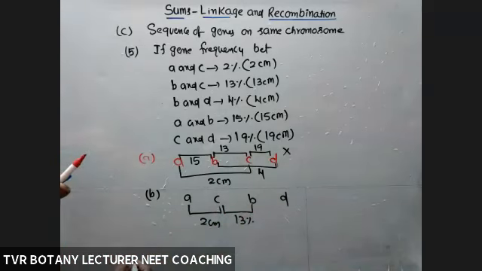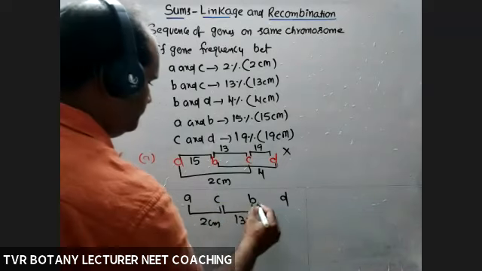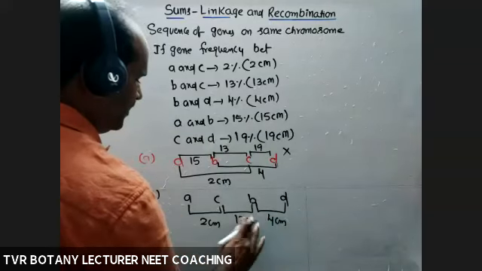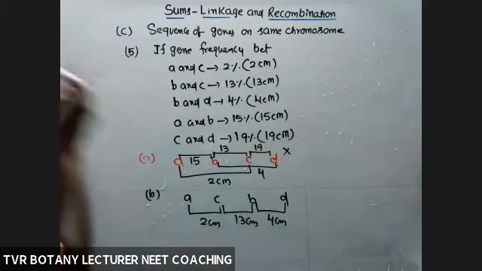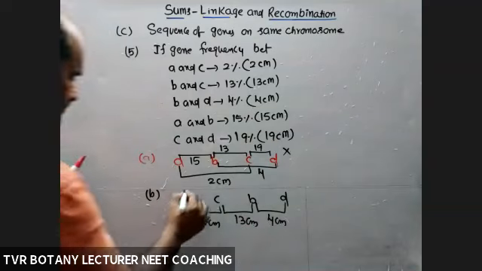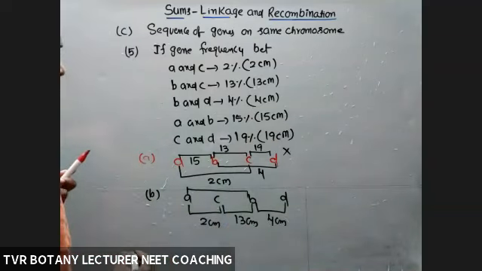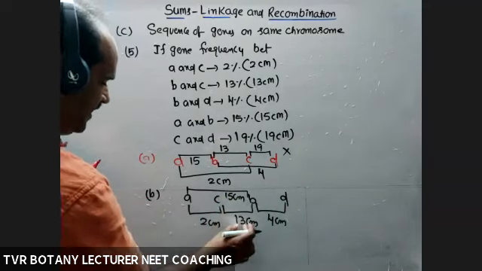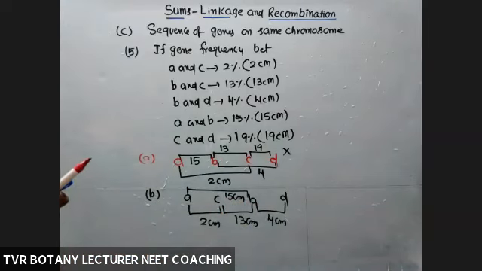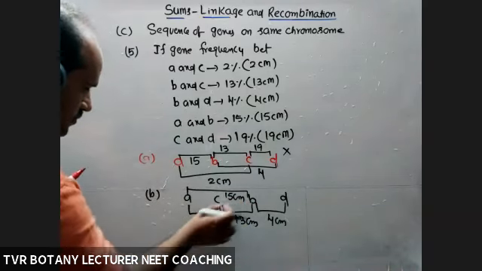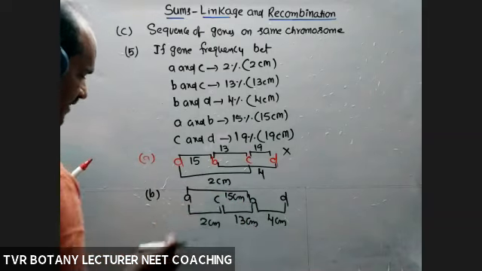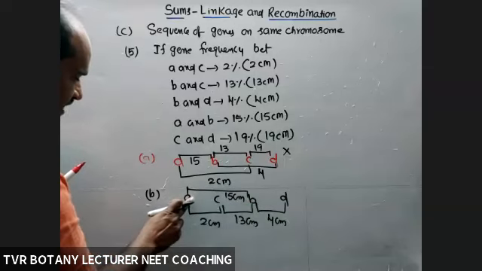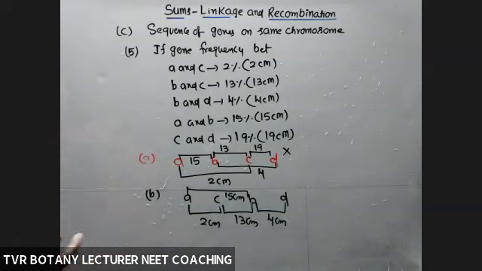Next, BD, 4 centimorgan. Next, A and B, 15 centimorgan, means 13 plus 2. Acceptable to some extent. The distance between A and C and the distance between C and B should be equal to the distance between A and B.